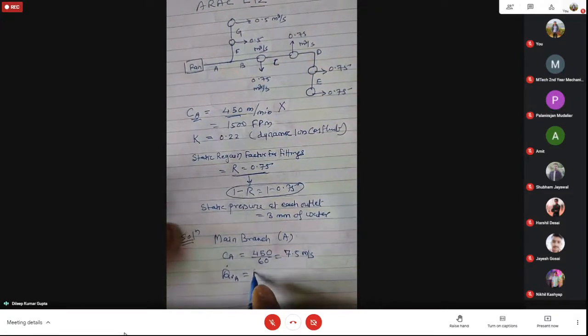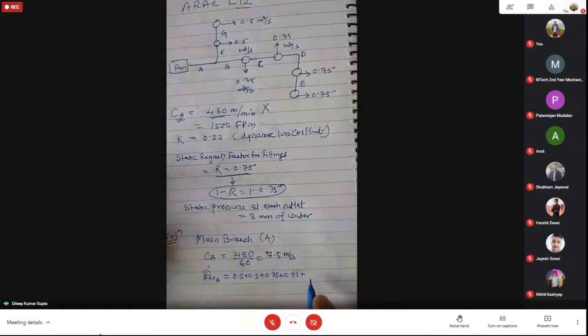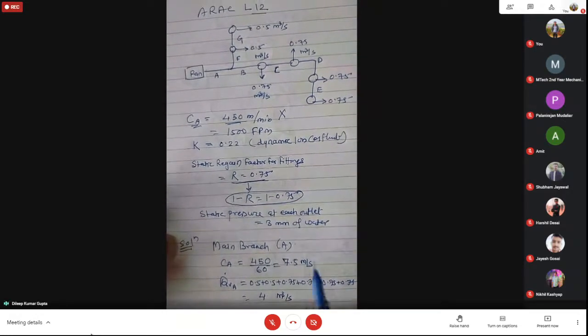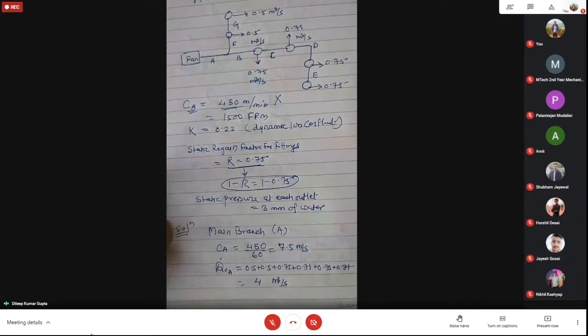It will be equal to 0.5 plus 0.5 plus 0.75 plus 0.75 plus 0.75, which means it will be 4 meter cube per second, because whatever the distributions are has to pass through A. So the summation of all these will give the flow rate.